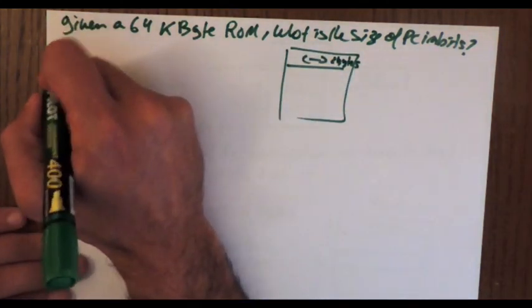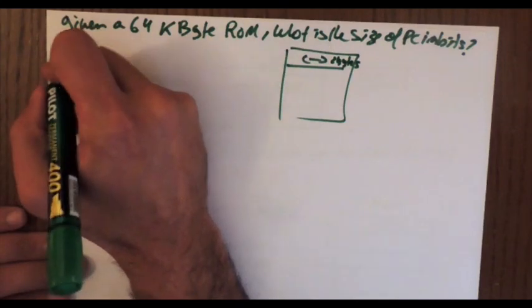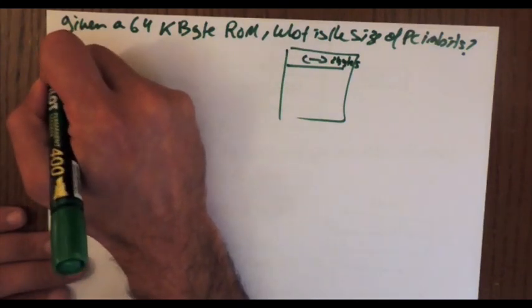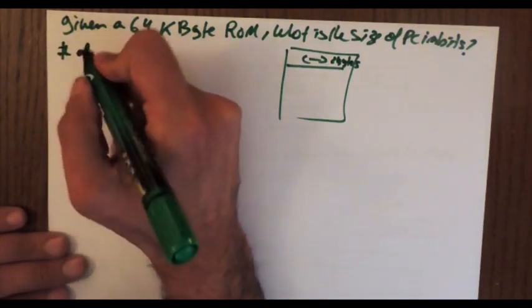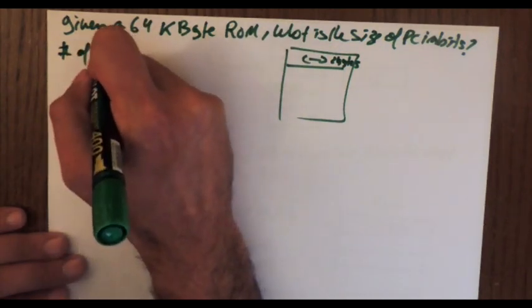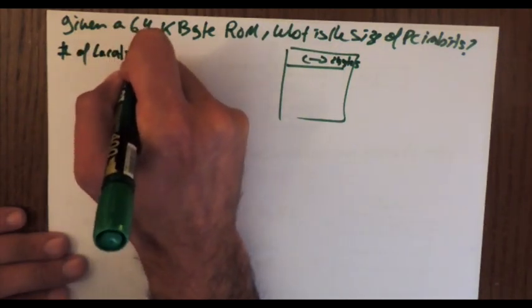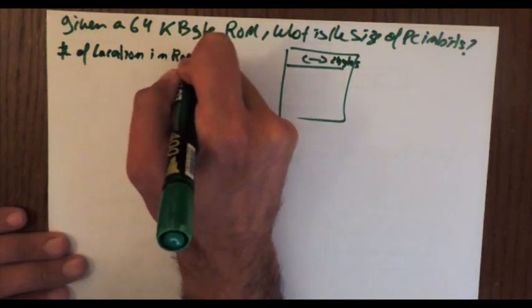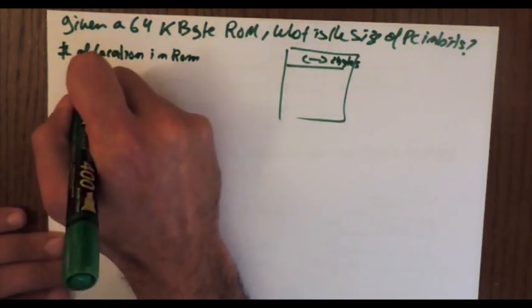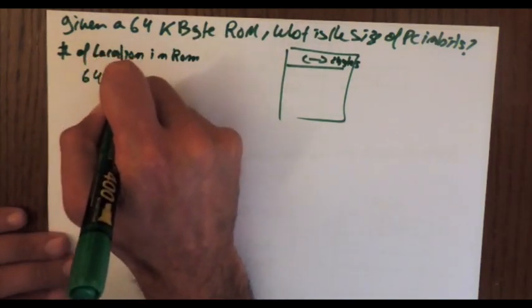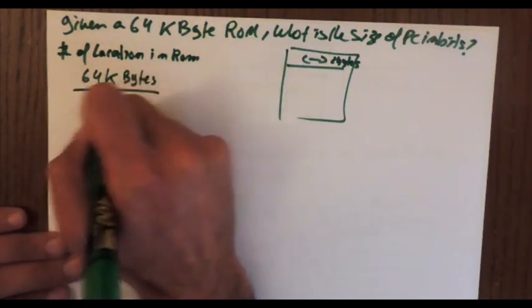So first, the number of locations in ROM is 64 kilobytes over 2 bytes.